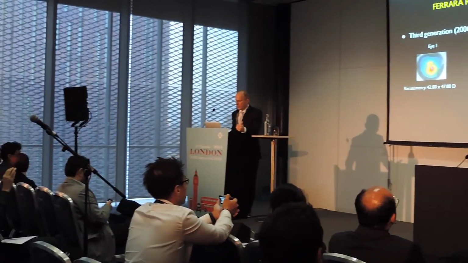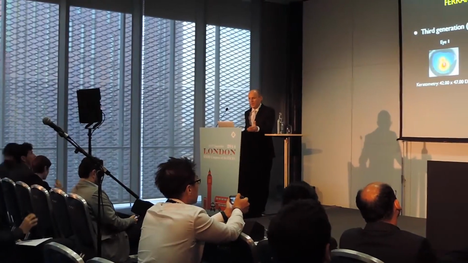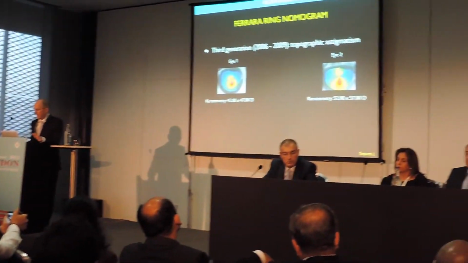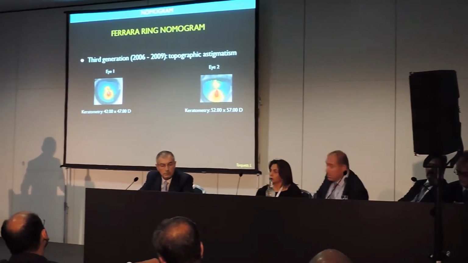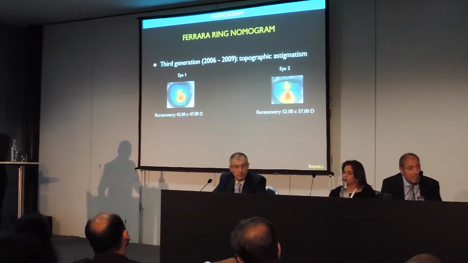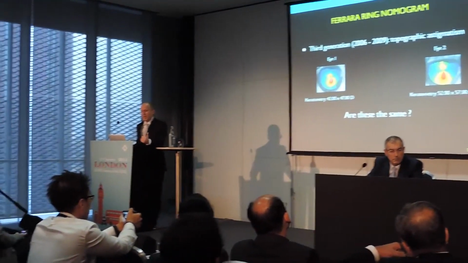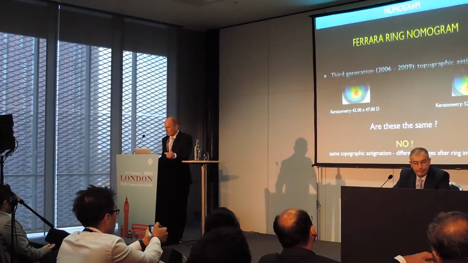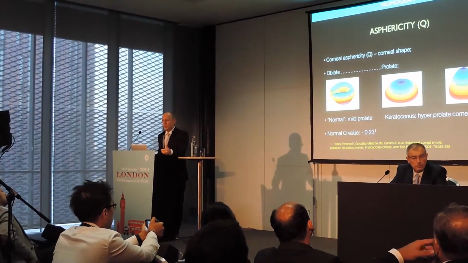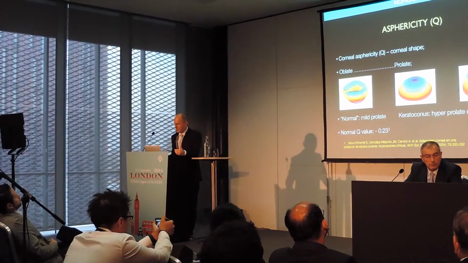But when you compare this eye number 1 with 5 diopters of astigmatism with the eye number 2 with the same 5 diopters of astigmatism but with completely different corneas, if you make the same surgical plan, the results will not be the same. For that reason, we move to the nomogram based on the corneal sphericity.